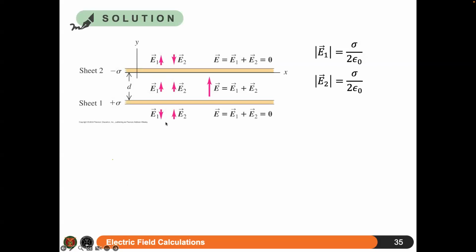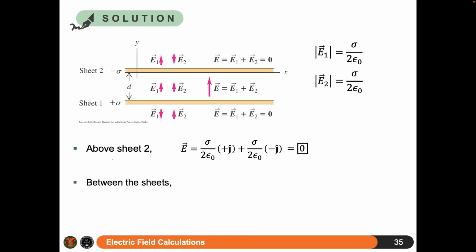And then we just add up for each region. Above, E1 plus E2 have the same magnitude but different direction, plus j hat and minus j hat, so we get 0. Between, they add up because they have the same direction.